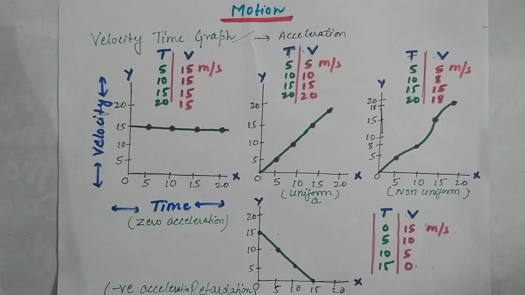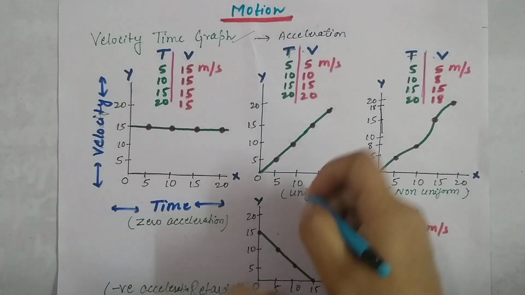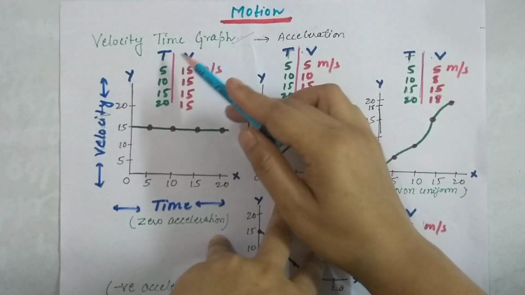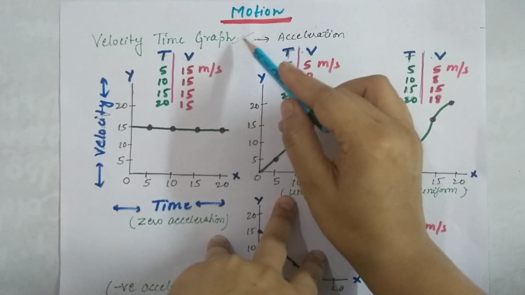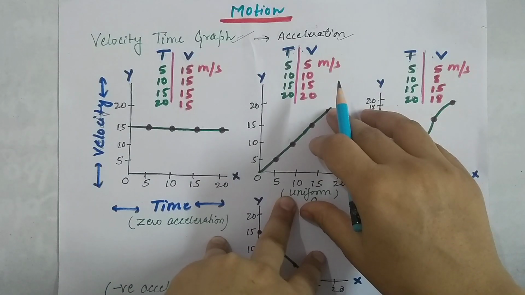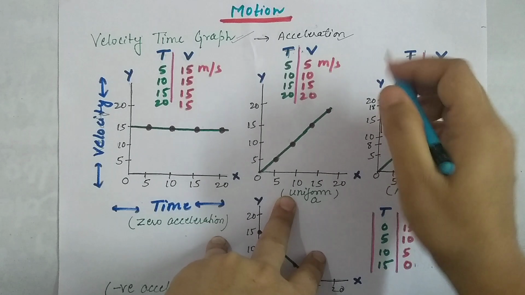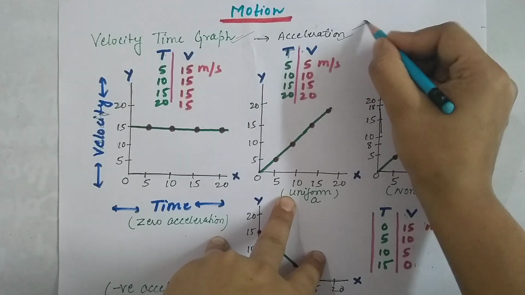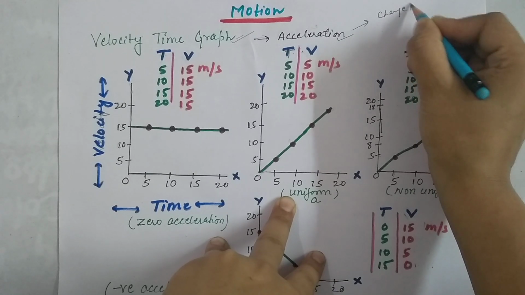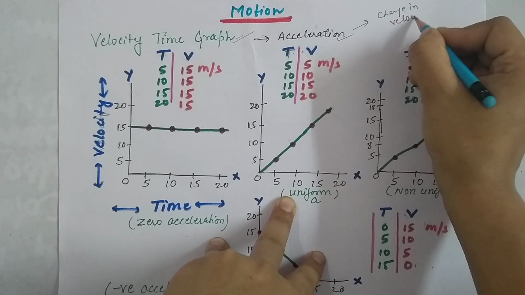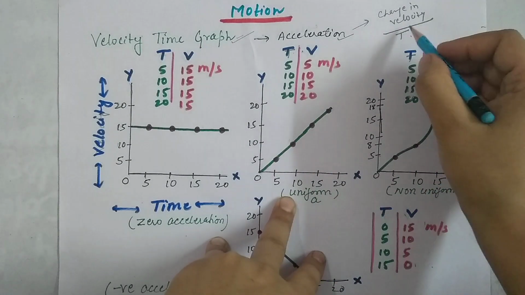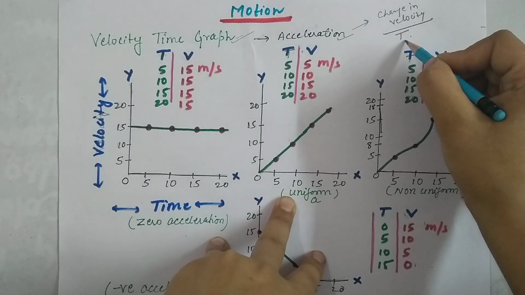Students, today in this video we are going to study the velocity time graph. This velocity time graph shows the different types of acceleration. Acceleration is the change in velocity per unit time.